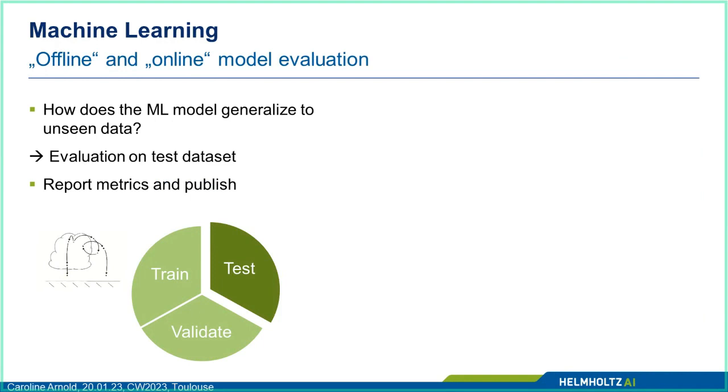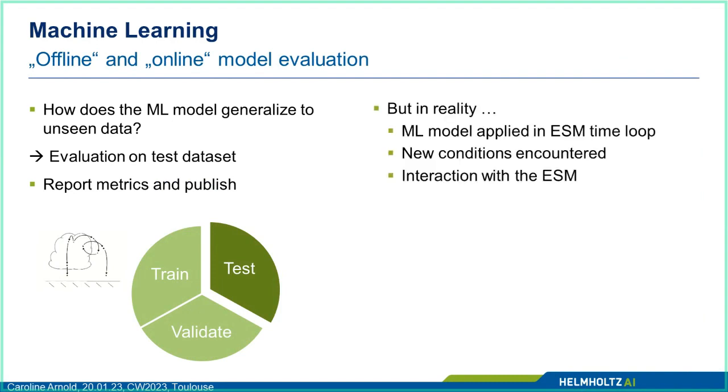You calculate metrics on the test set, you go ahead and publish that. So when you search the archive, there's millions of papers by now where people have trained machine learning models to replace subgrid processes in climate models, but they never managed to go back to the original Earth system model and use their model actually within the bigger Earth system model.